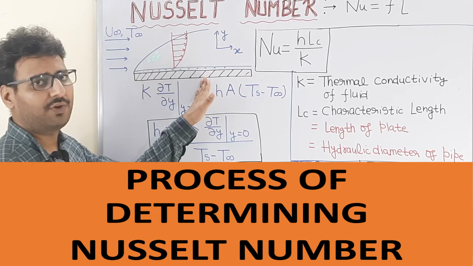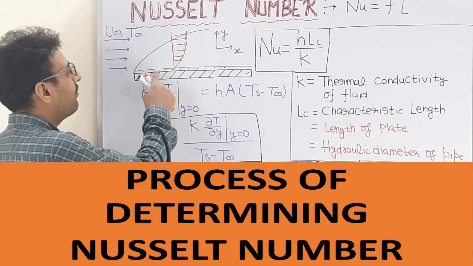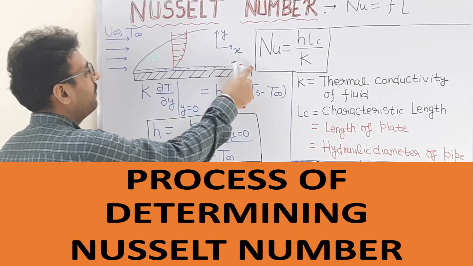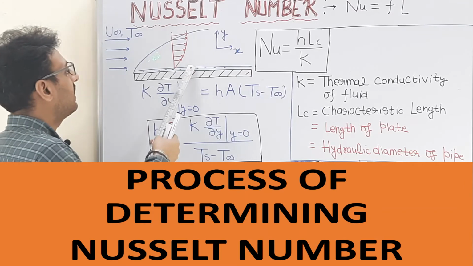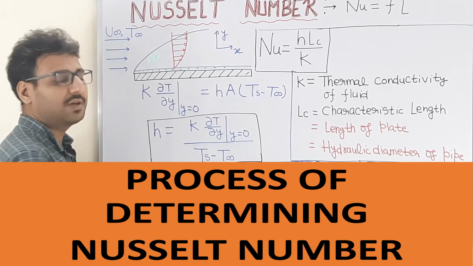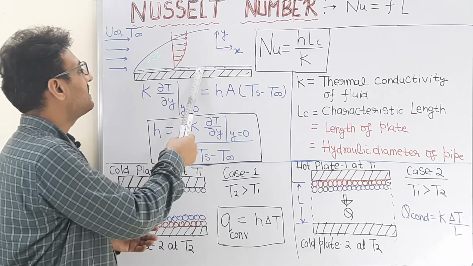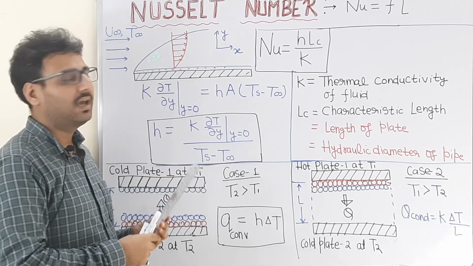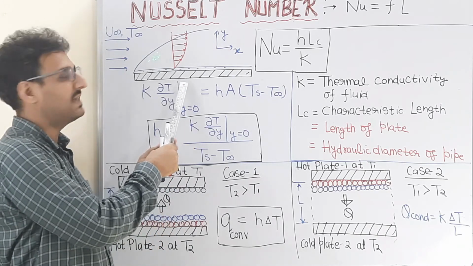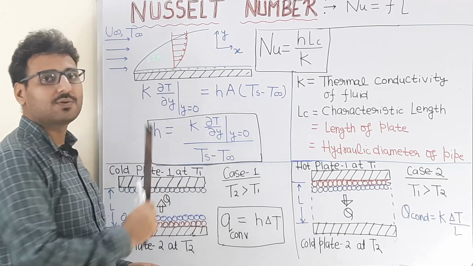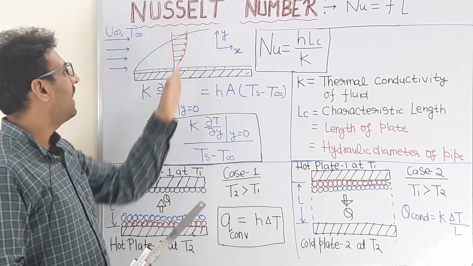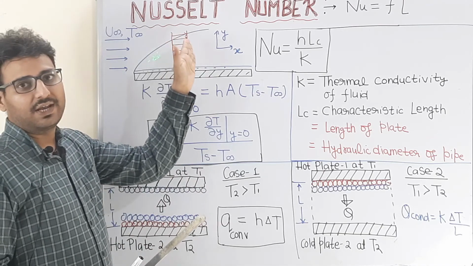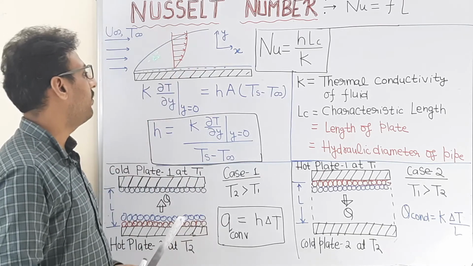As in the diagram, we know that due to the no slip boundary condition, one layer of the fluid adheres to the plate, and the velocity of this layer is the same as the velocity of the plate. Because our plate is stationary, this fluid layer is also stationary, and further layers move with some velocity, and a velocity gradient is created in the flow field.